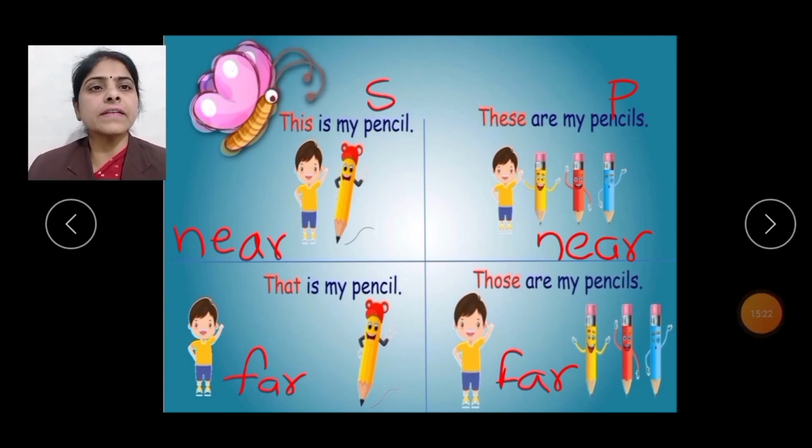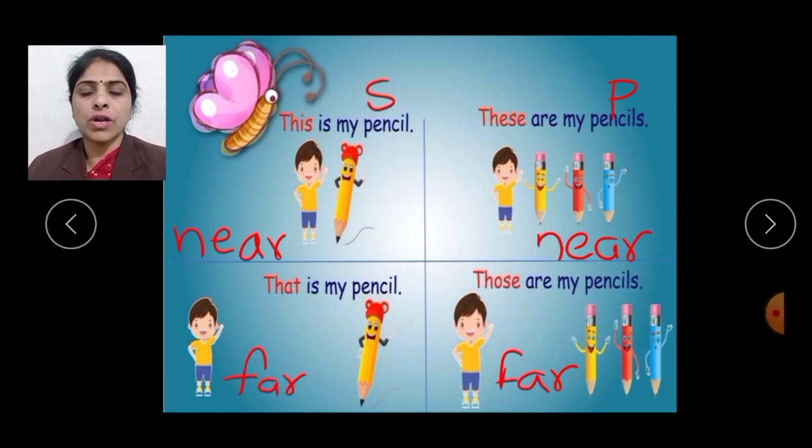It is clear that this and that are used for singular objects and these and those are used for plural object. Also we know that this and these are used for objects that are near and that and those are used for object that are far in distance.